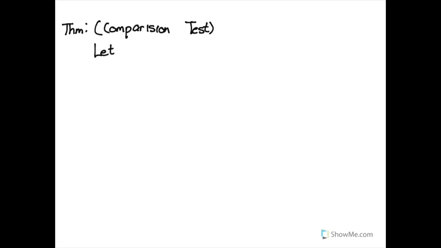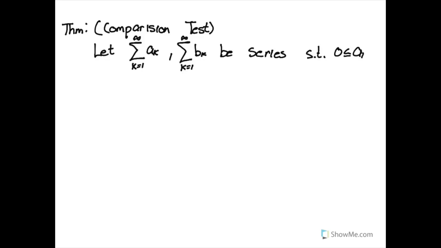Let's consider the series sum of ak and sum of bk. So let these be series such that 0 is less than or equal to ak, which is less than or equal to bk, for all k.